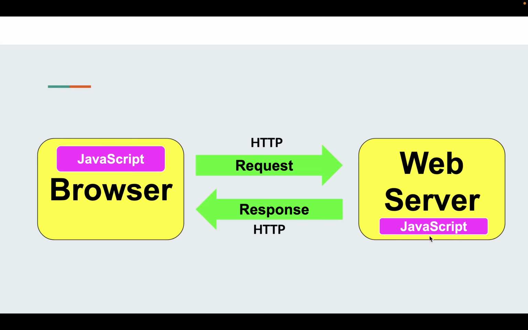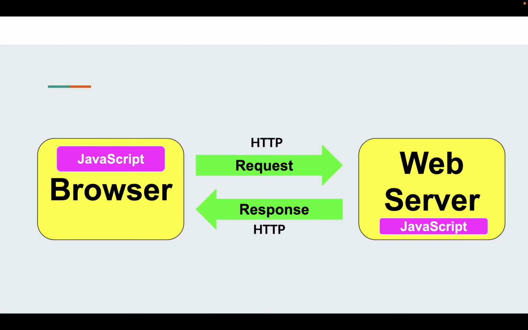So the web server still needs to do all these jobs and work, and just like the browser, we're going to use JavaScript. So you only need one programming language in your tool belt while you're building your software, and just like the browser, we can make available features to JavaScript that are useful for the work that needs to be done.